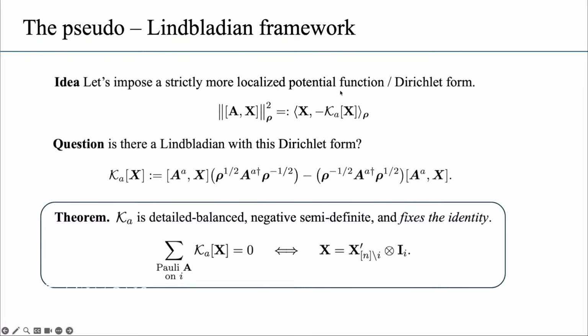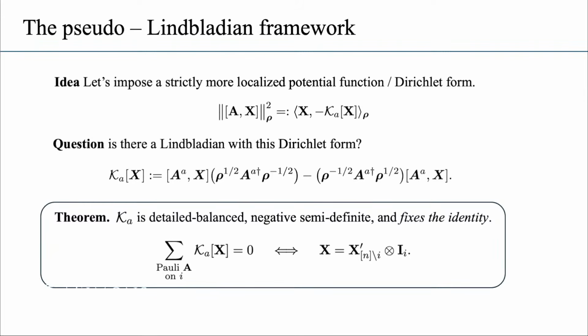In particular, quadratic forms are positive, so K must be negative semi-definite. And crucially, it fixes the identity. So if you have an observable X in the kernel of these local updates, it must be trivial on that qubit I. So now we have an explicit local characterization of the kernel of this new dynamics.